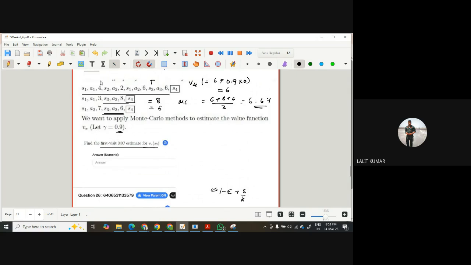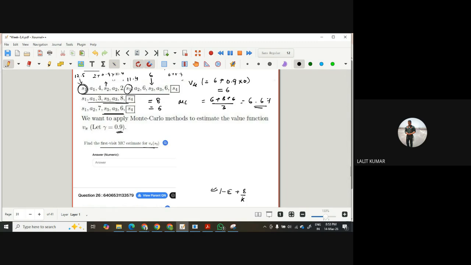For V pi S1, here we have S1 and here we have S1. Here we found S3 was 6, so this will become 6 plus 6 into 0.9, that is 6 plus 5.4, which is 11.4. Now S2 will become 2 plus 0.9 into 11.4, some value will come, and with respect to that we get one S1 value. Just as a hypothetical example, say 12.5.